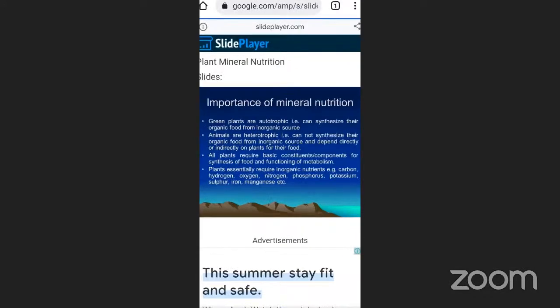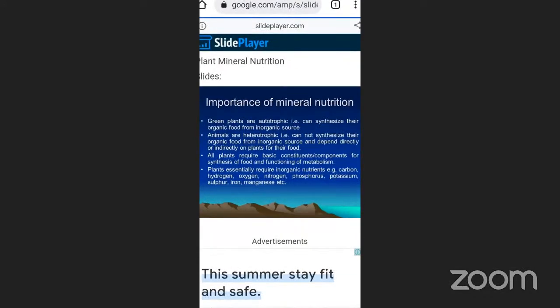So what is the role of the elements in plant nutrition? When certain elements are not available in the soil, the plants develop certain deficiency symptoms, and from these it is possible to determine the role of the elements in plant nutrition.